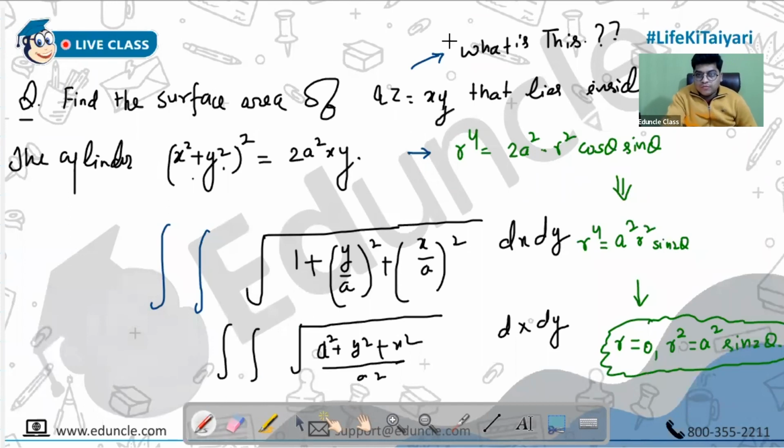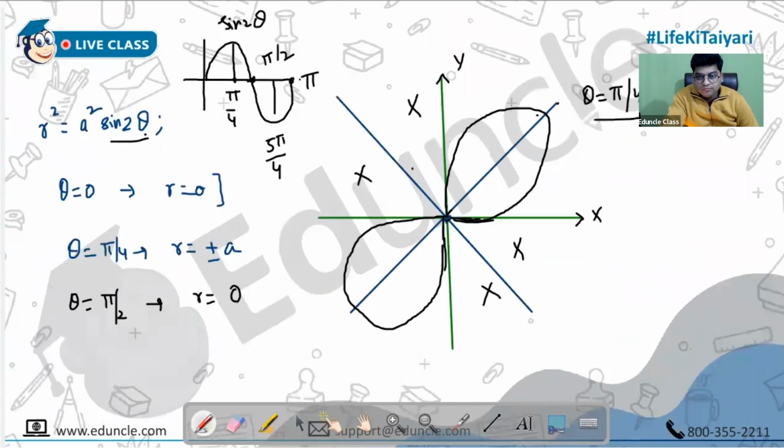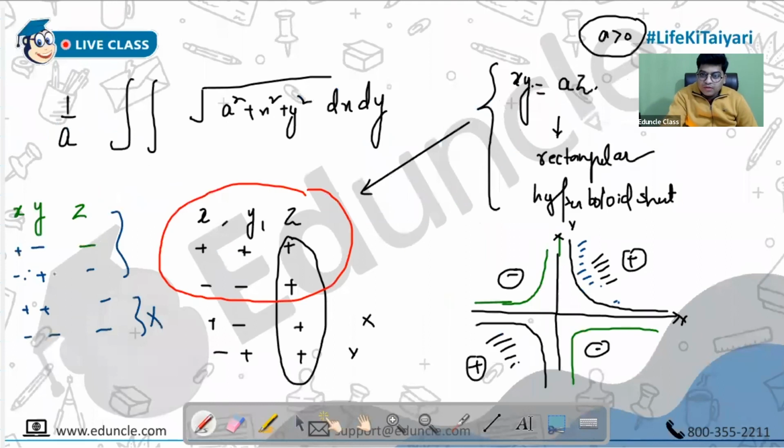This is in the upper half and lower half. It means z has answers in the upper half and lower half both. Z positive and z negative both sides, because the z positive graph is the rectangular hyperboloid sheet. This is the upper z positive sheet, and the second and fourth quadrants are in the z negative.